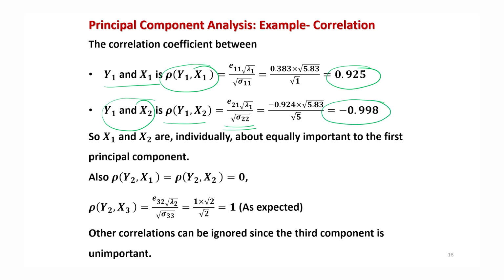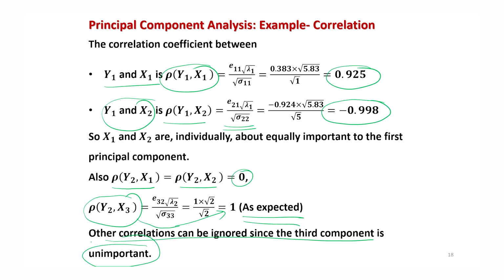Also, rho y2 x1, that means the second principal component with respect to x1 and x2, their correlation coefficient is 0, and the correlation coefficient of y2 with x3 is coming out to be 1, that was expected. So all other correlations can be ignored, since the third component is not so important.